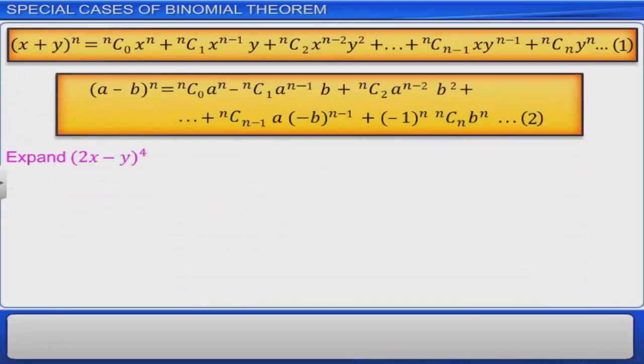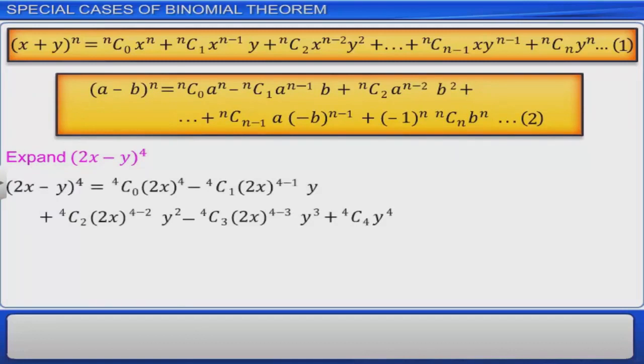Using this expansion, let us expand (2x minus y) whole raised to the power of 4. By using the binomial expansion of (a minus b) whole raised to the power n, we get the expansion as shown.